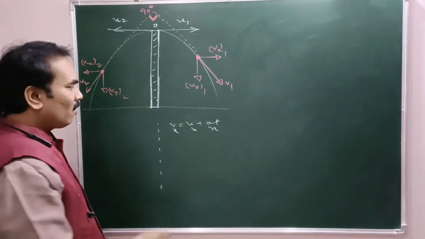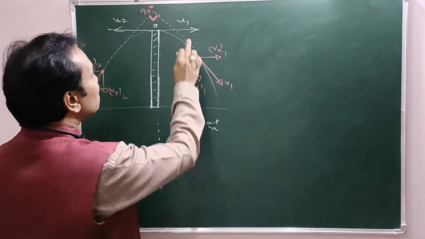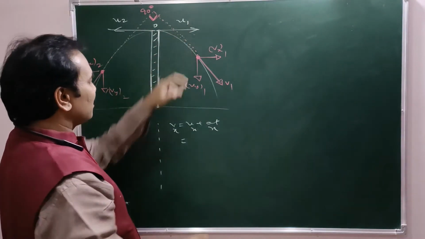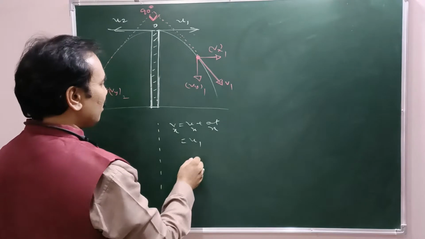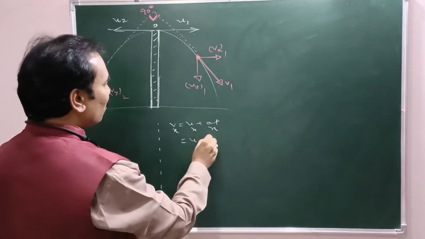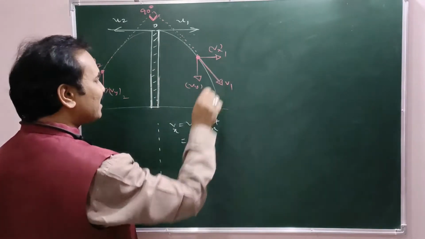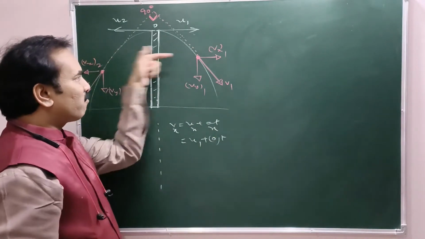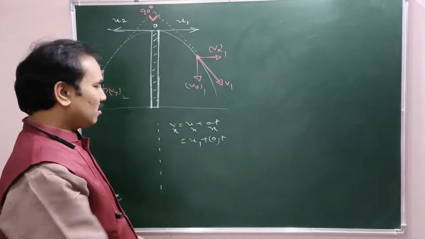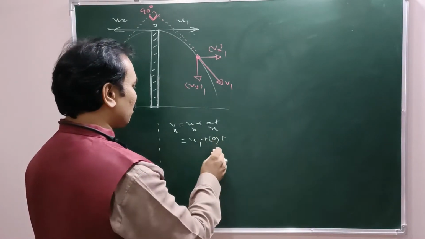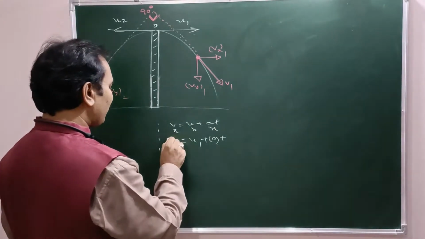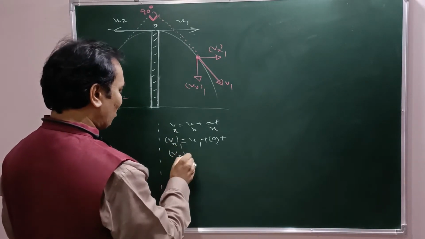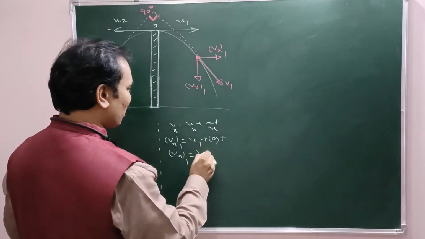Now what is ux? ux means u1, the initial velocity along horizontal. Now what is the acceleration along x-axis? 0, 0 into time. Why? Because there is no force along x-axis. So Vx1 equal to u1.